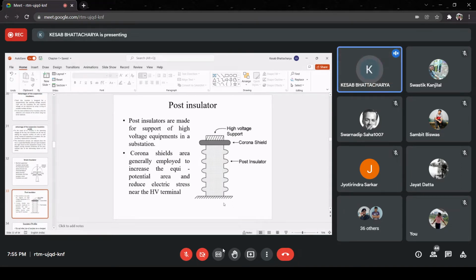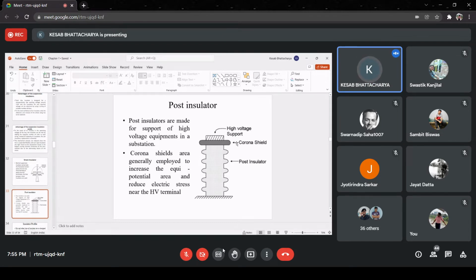In order to reduce the leakage current, you have to increase the length of the leakage current path. The length of the leakage current path is increased by providing these corrugations, so that the leakage current has to travel through a longer length. That is one thing you must take note of.